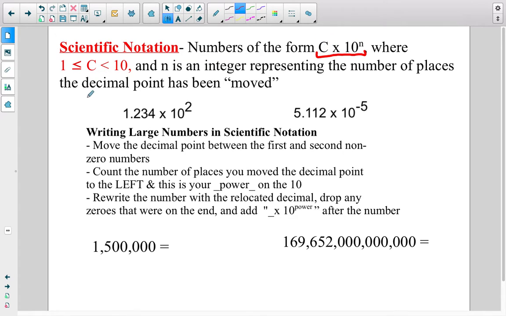The C is going to be some number equal to or bigger than 1 and less than 10. N is going to be the number representing the number of places the decimal point has been moved. So here are two examples of values that are written in scientific notation.